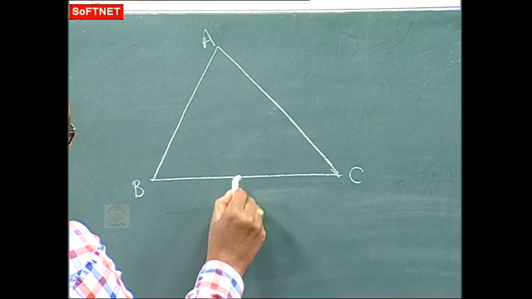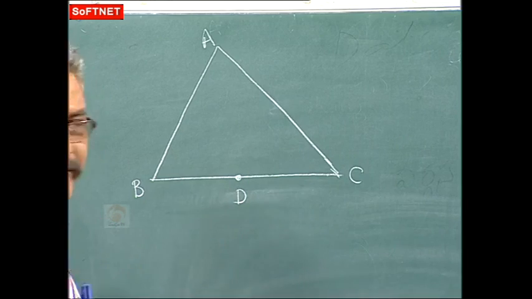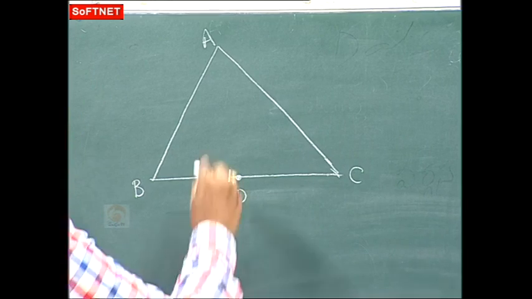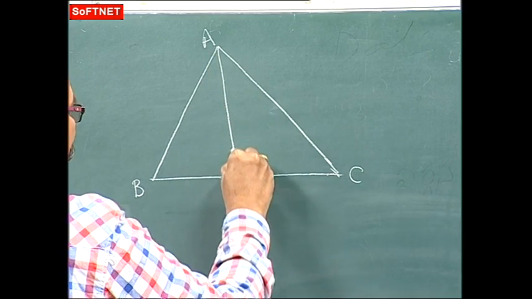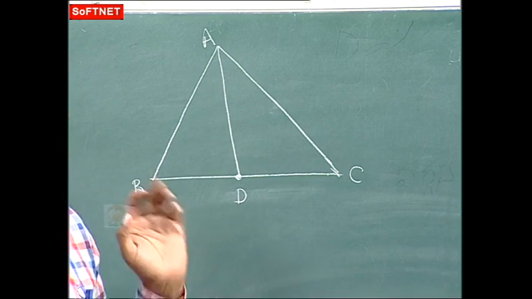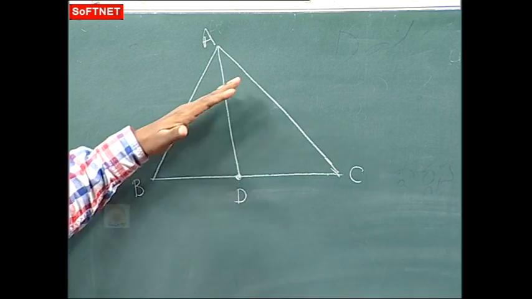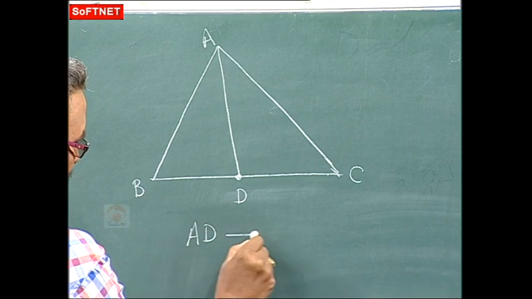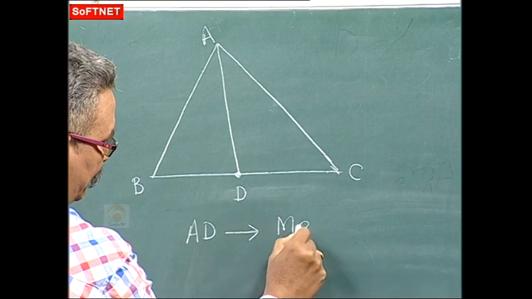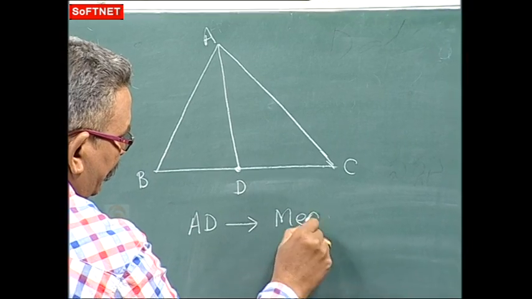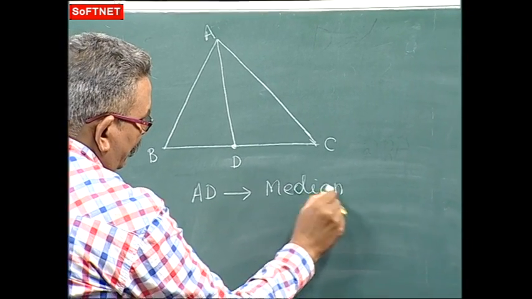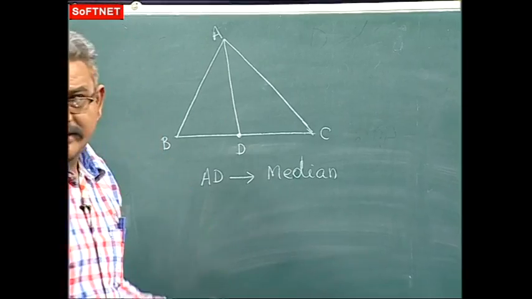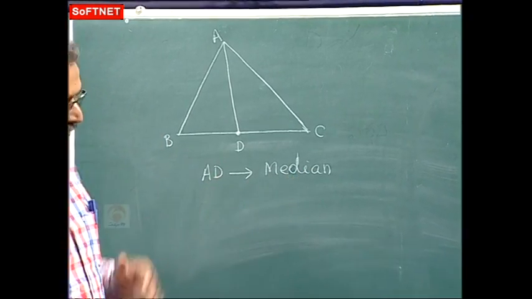Let D be the midpoint of BC, and join it. Now this AD is called the median, drawn from the vertex A to the opposite side BC.